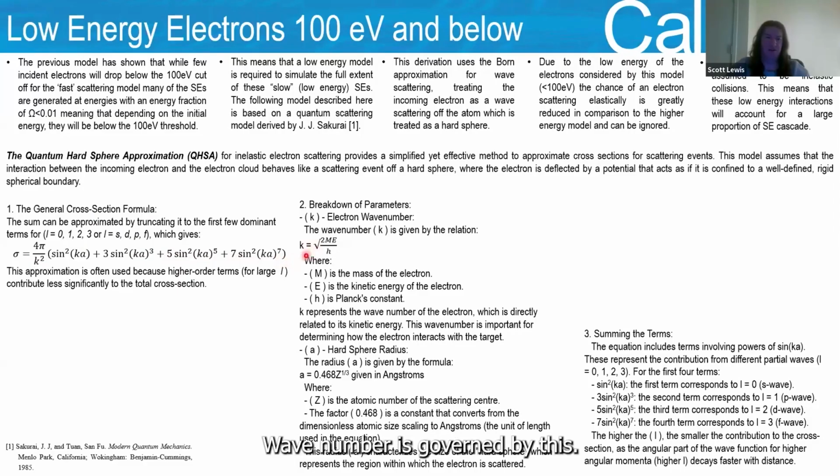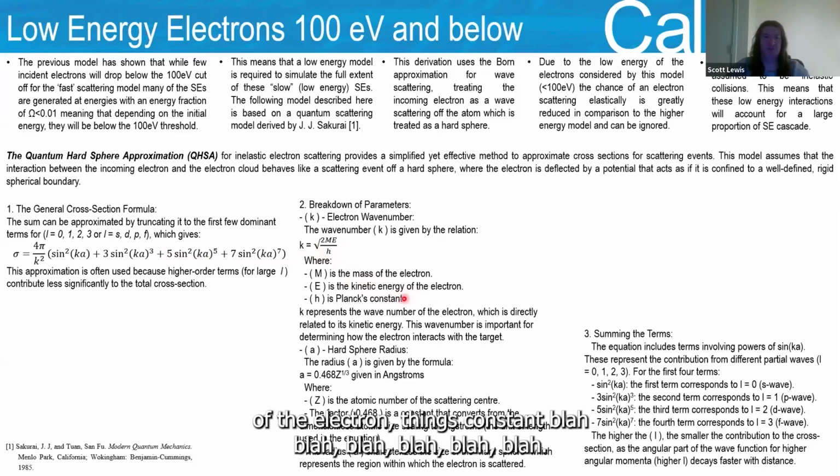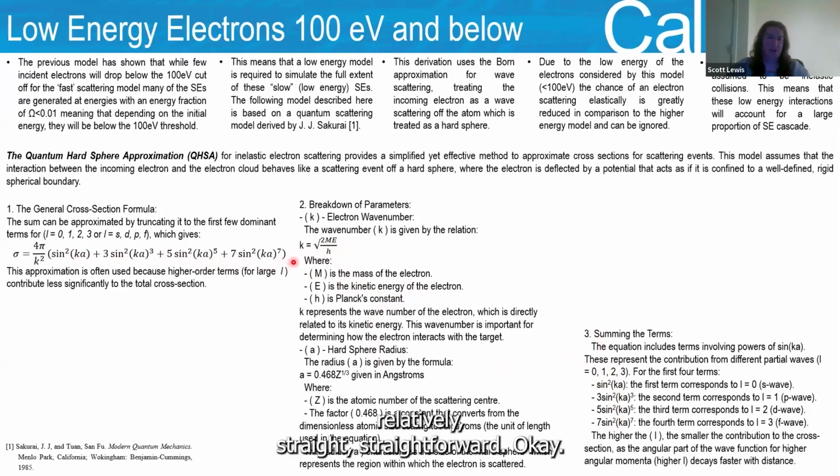Your wave number is governed by this, and you've got the mass of the electron, the energy of the electron, Planck's constant, and so on. Essentially, we just sum them together in order to work out what this is. It's relatively straightforward.